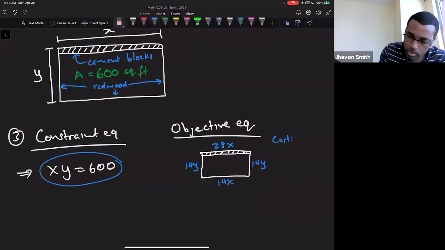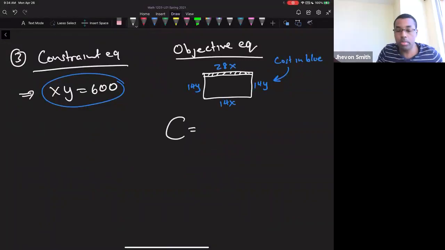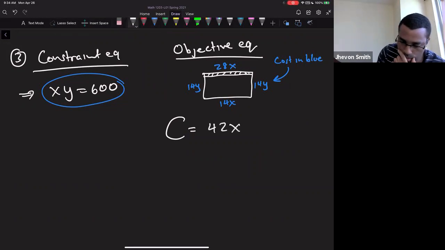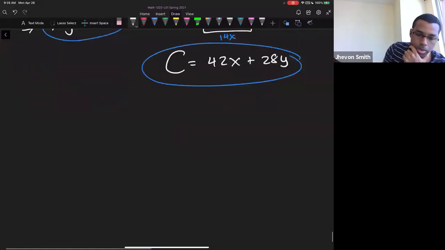So these are the costs per running foot of building this fence, which means that my cost equation is just going to be the sum of these. So I'm going to have 42X plus 28Y. That's going to be my objective.